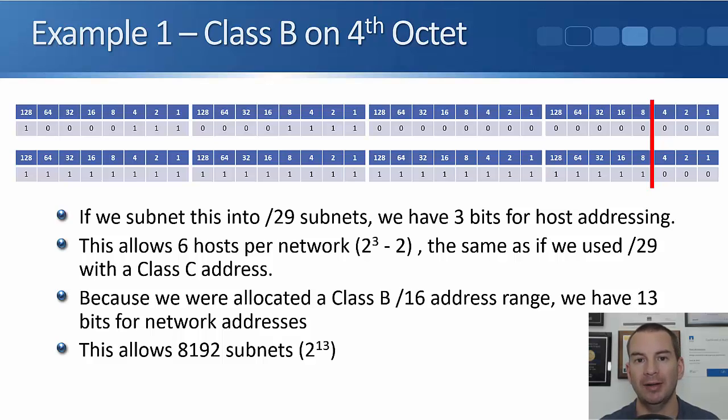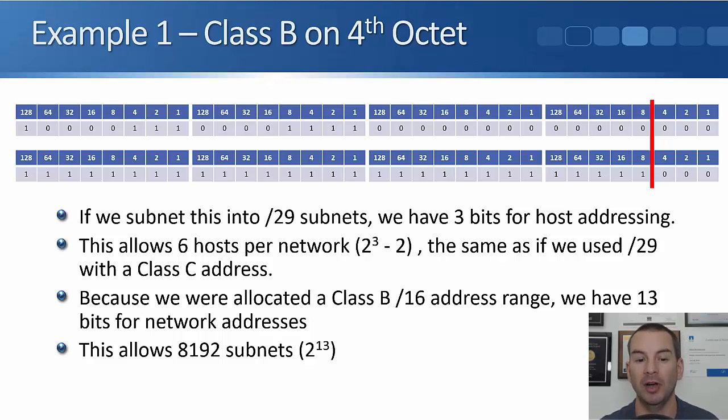Here, because we were allocated a Class B /16 range, we're going to have 13 bits for the network address. If it was a Class C, we would only have 5 bits for the network address because it's 24 to 29, a difference of 5. With a Class B, we've got those extra 8 bits, so 5 plus 8 gives us the 13 bits.